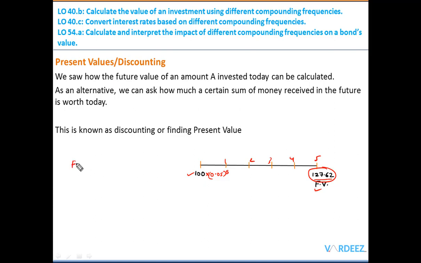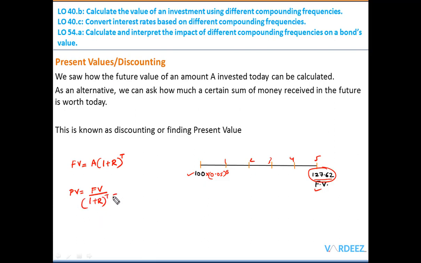So the future value is equal to this amount multiplied by 1 plus the rate, to the power t. Now, in order to find the present value, all I have to do is take the future value and divide it by 1 plus r to the power t.